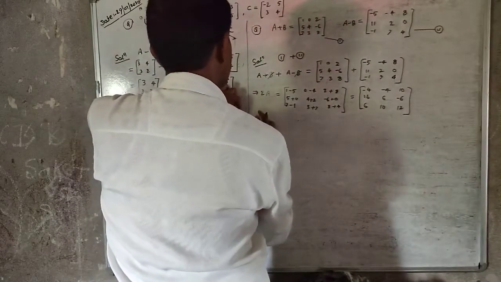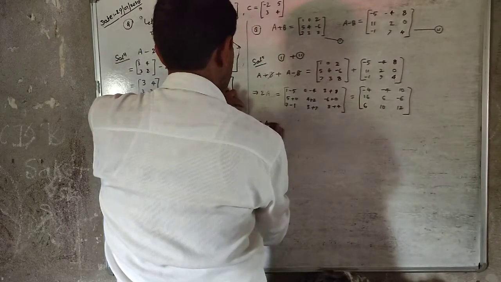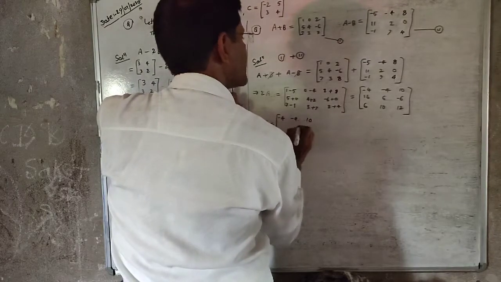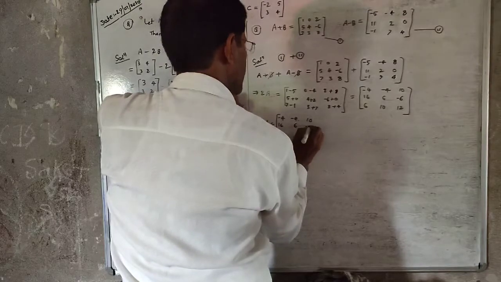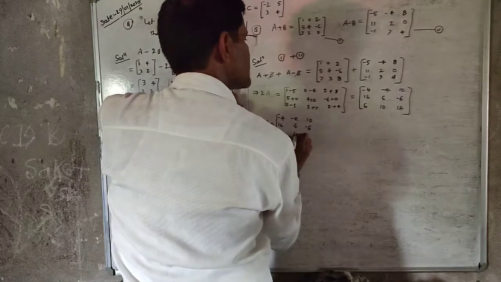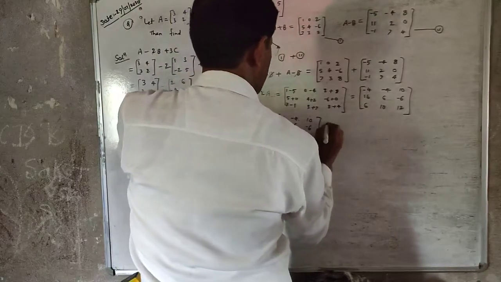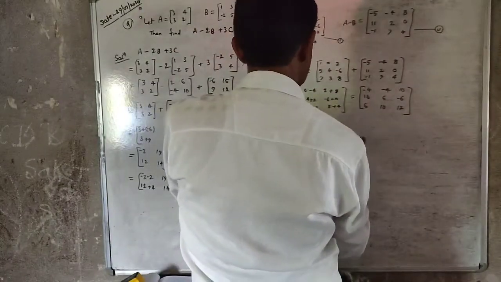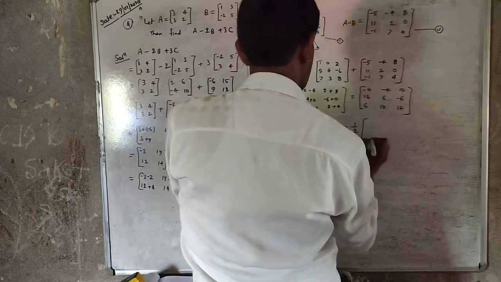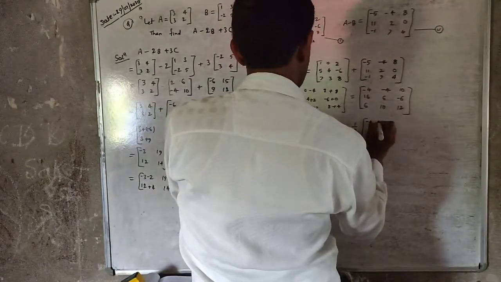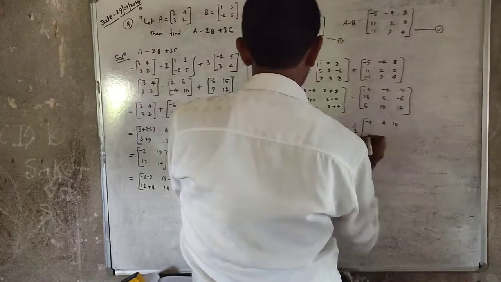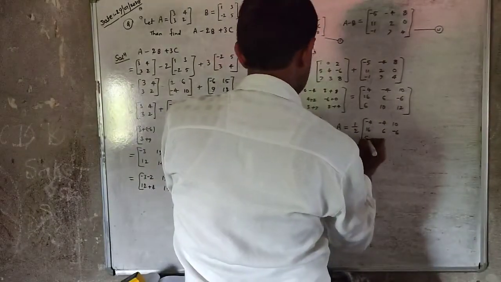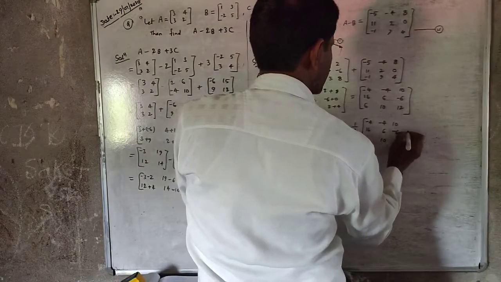Therefore 2A is equal to [minus 4, minus 4, 10; 16, 6, minus 6; 6, 10, 12]. Therefore, matrix A can be defined as 1 by 2 into the matrix [minus 4, minus 4, 10; 16, 6, minus 6; 6, 10, 12].